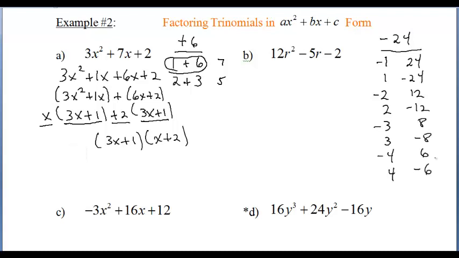So I'm looking for the pair that adds to a negative 5. So 3 and a negative 8 add to equal negative 5.